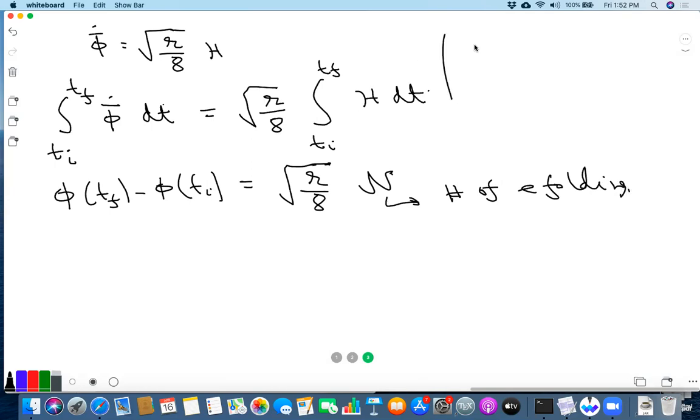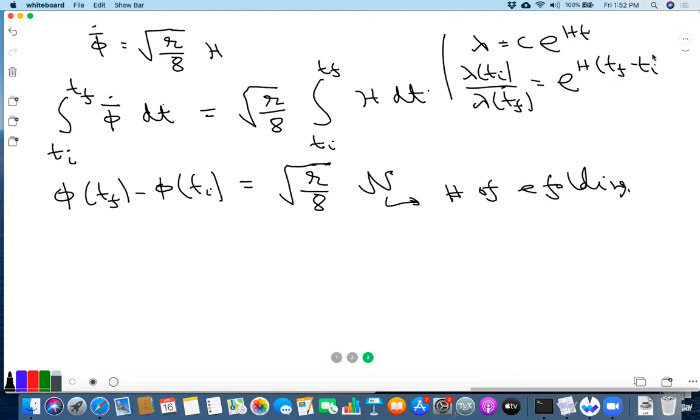Right? Because lambda is going as c e to the ht. So lambda of Ti over lambda of Tf is e to the h times Tf minus Ti. So this integral, which is roughly h times Tf minus Ti, is log of lambda of Ti by lambda of Tf, right?